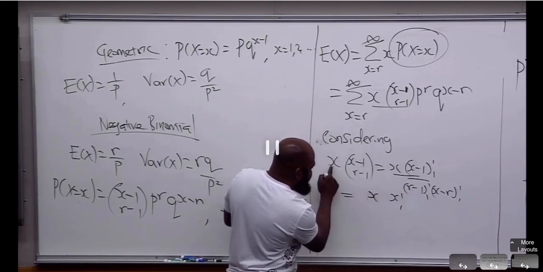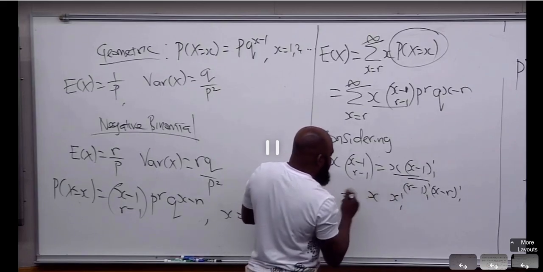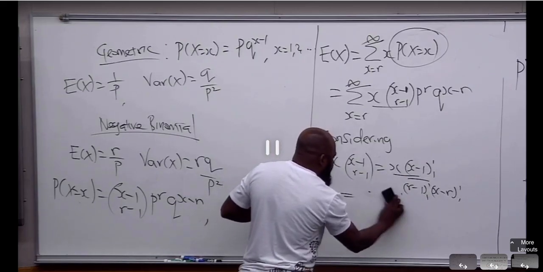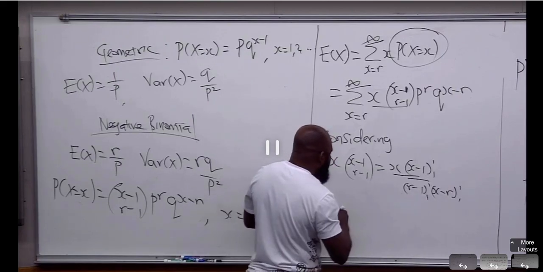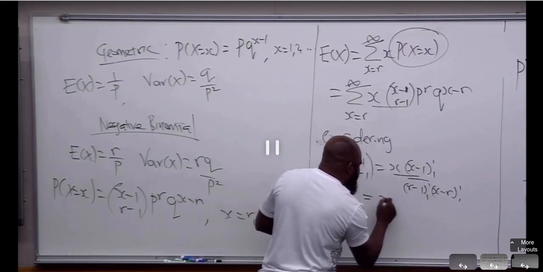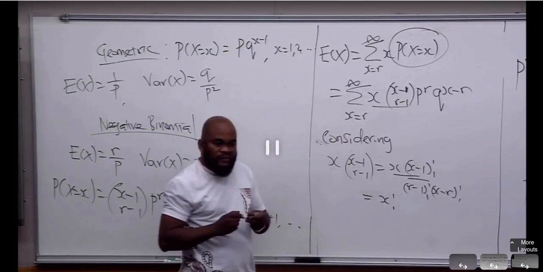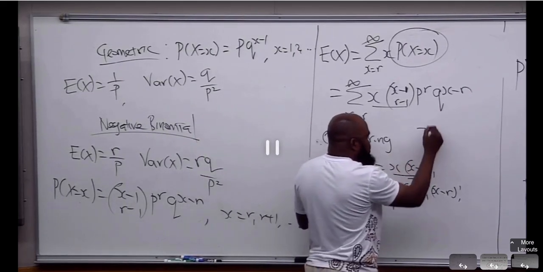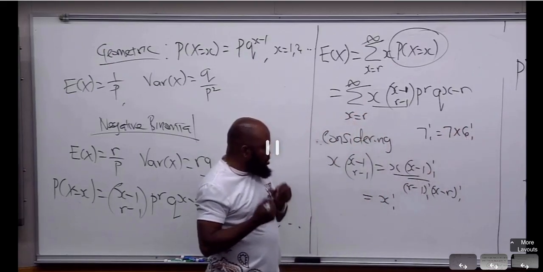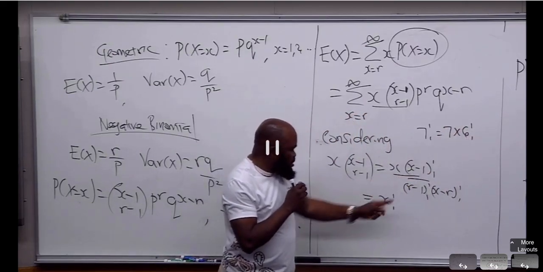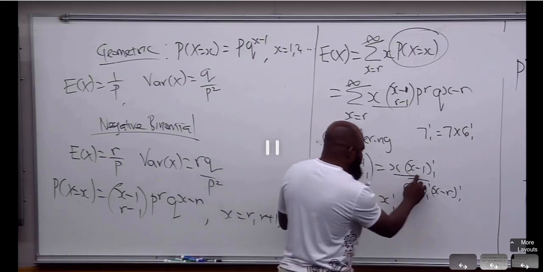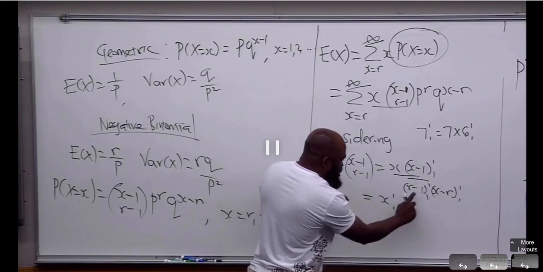Sorry, let me do this now so that there's not going to be any mistake. This is x, this is that. So this guy is x factorial, because 7 factorial is 7 times 6 factorial. So this guy is the same thing as x factorial. Now, let's look at the (r minus 1) factorial.